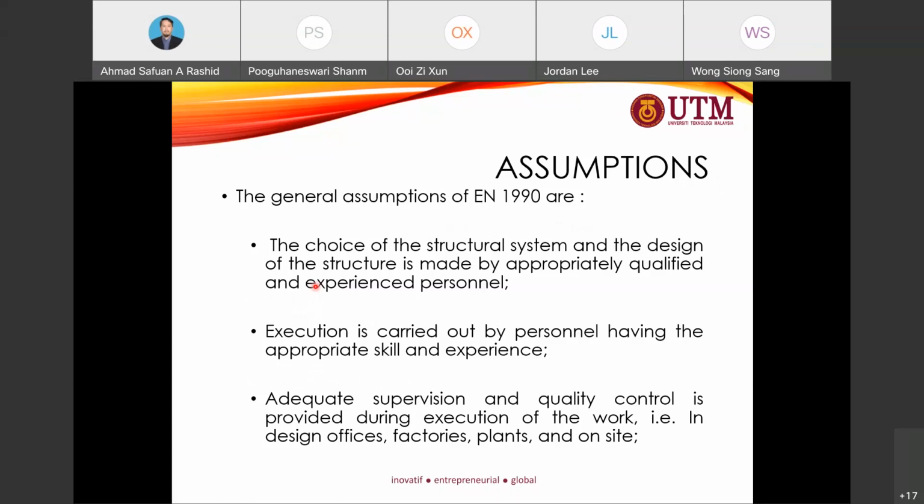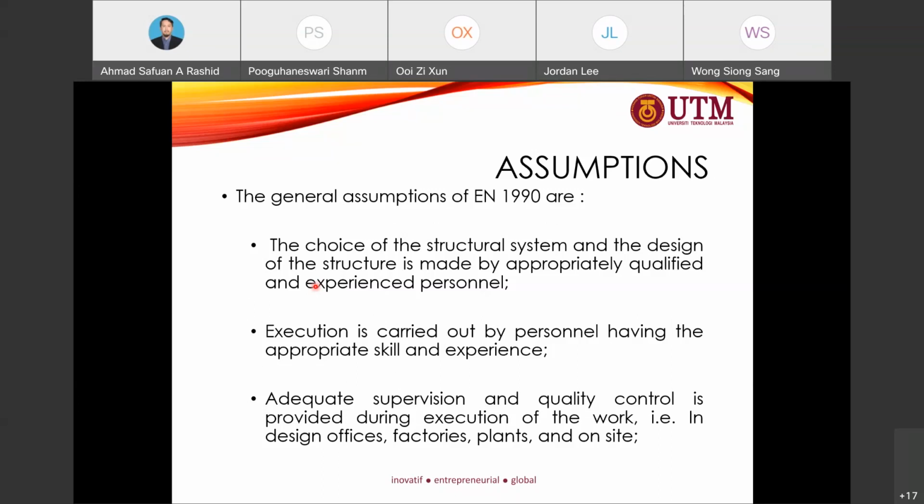Okay. So those are the common rules that need to be followed by the designer or by the contractor.